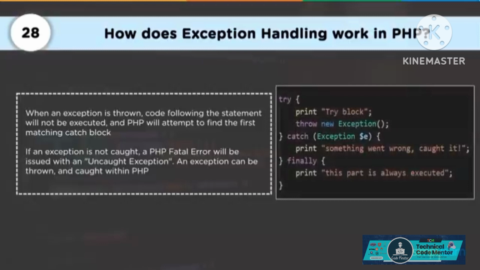So what we do is we use the try and catch method to try the code, and if an exception occurs, we can throw it, and the catch block will catch the exception. If we do not include the catch block, it will result in a fatal error.